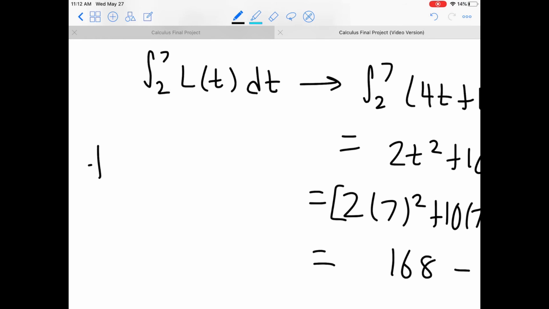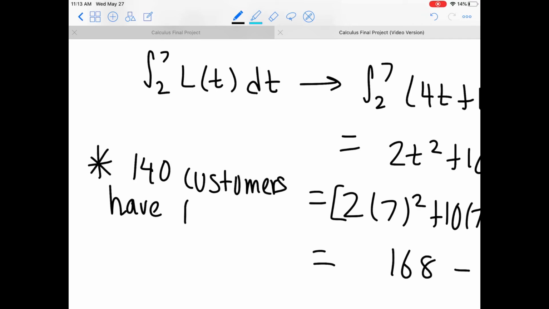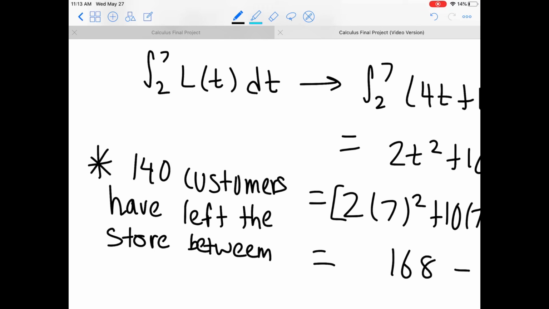So our solution for part B would be 140 customers have left the store between 12 p.m. and 5 p.m.